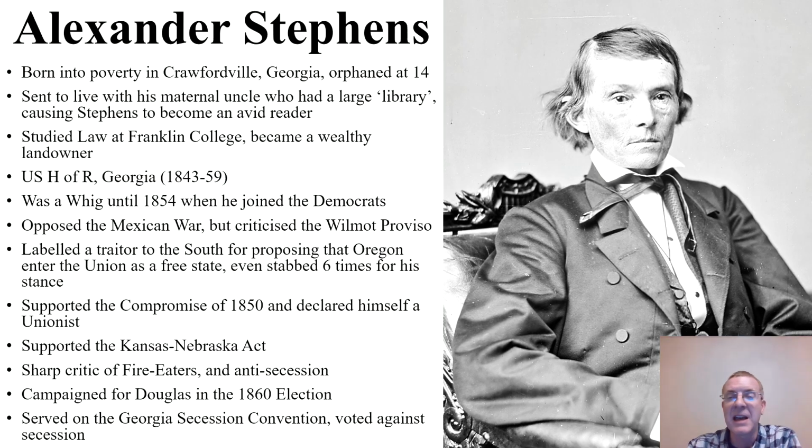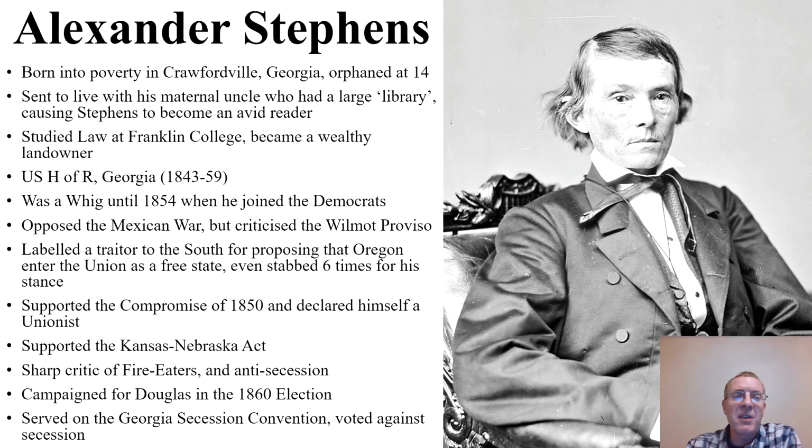So in spite of that gain that the South could potentially gain from the Mexican War, Stephens did not support that conflict at all. Interestingly, when the Wilmot Proviso comes about later that decade, he does come out against that. So very much showing some pro-slavery sentiment there. But when we get to 1850, with the compromise being put before Congress, Stephens voted against it.